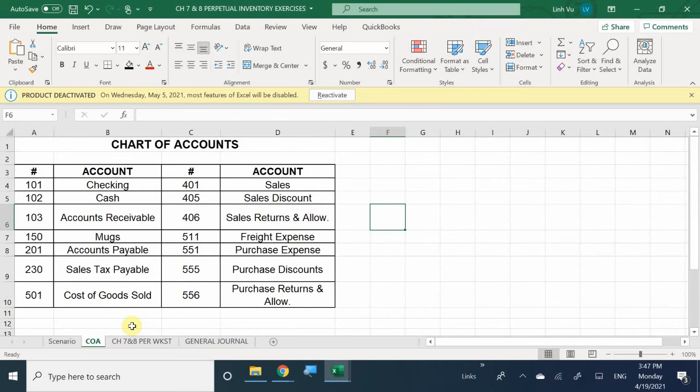What am I going to be utilizing? Returns and allowance. Now which kind of returns and allowance? Purchase returns and allowance. Now what kind of inventory do we have? Periodic or perpetual? Perpetual. So do we need to create this contra account, purchase returns and allowances?